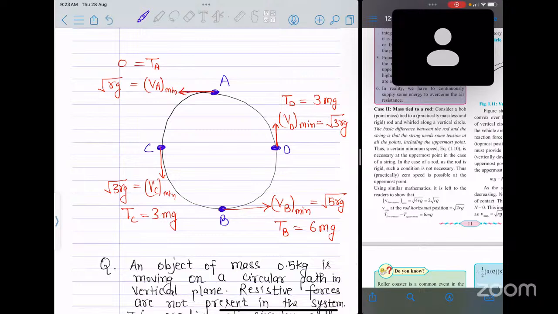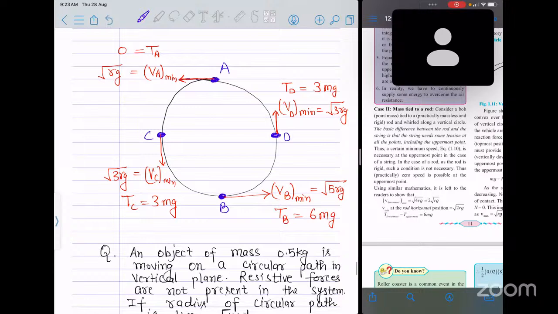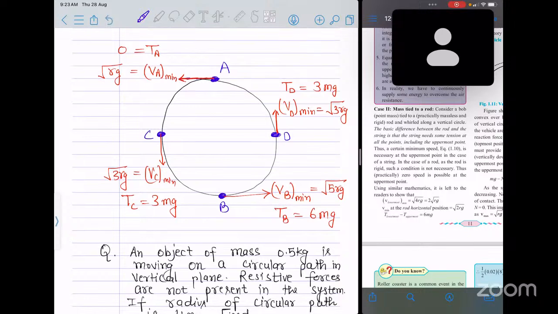All these relations are in a special case. If we have minimum possible speed at point B, only then tension will be 6 mg. If speed is greater than the minimum possible speed, tension will be greater than 6 mg. So tension at all points will vary according to the velocity of the object.